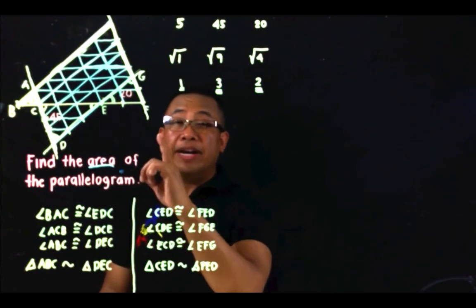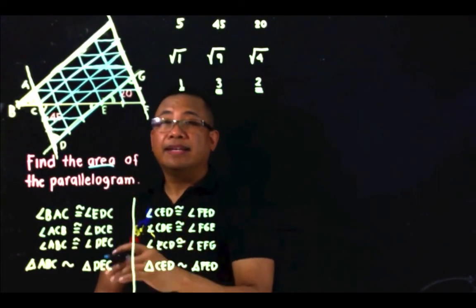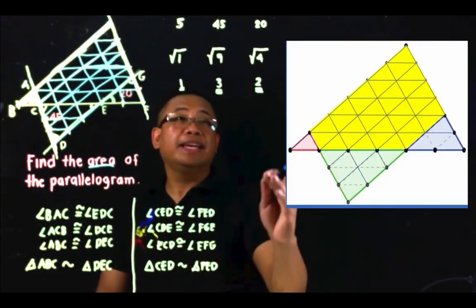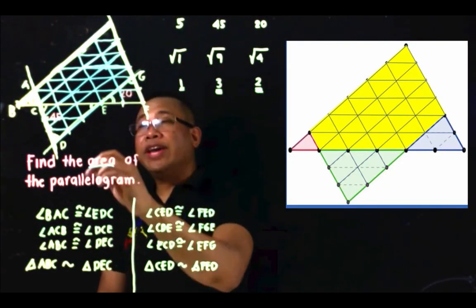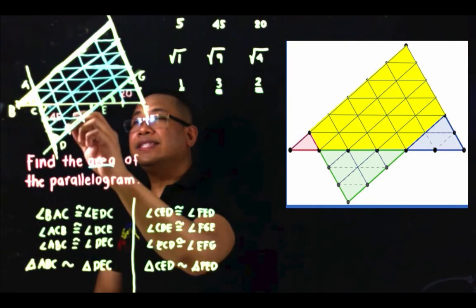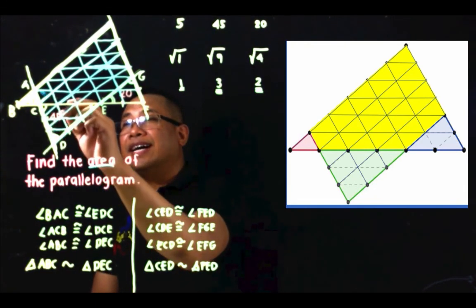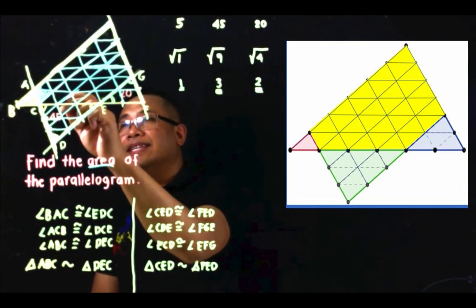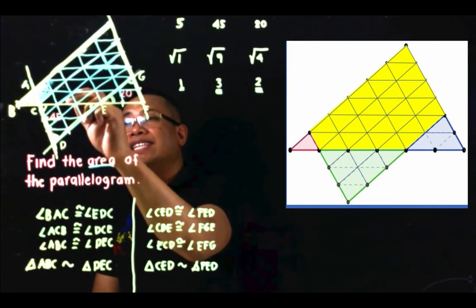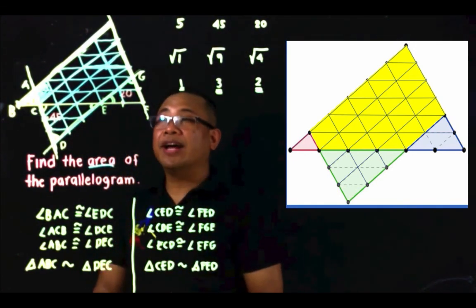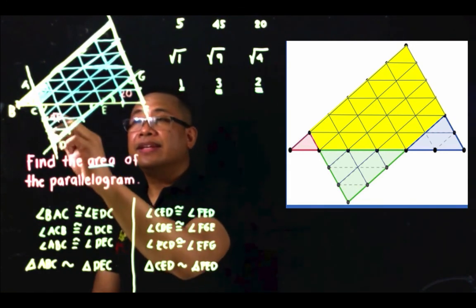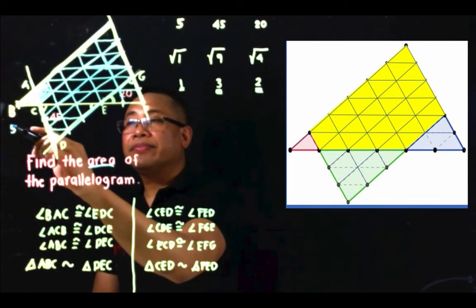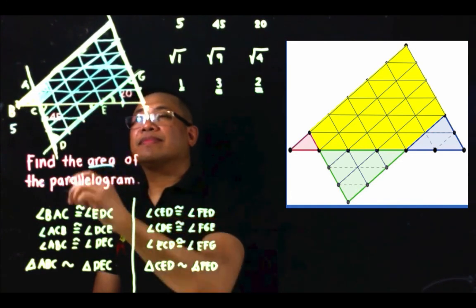So this is now our approximate drawing of that. And if you're going to do this up to scale, it would look like this. So, what do we have now here? Notice that this triangle has the same area as this, the same area as this. So that means each of these small parallelograms is equivalent to twice the area of this triangle. So if the area of this triangle is 5, that means this is 10.